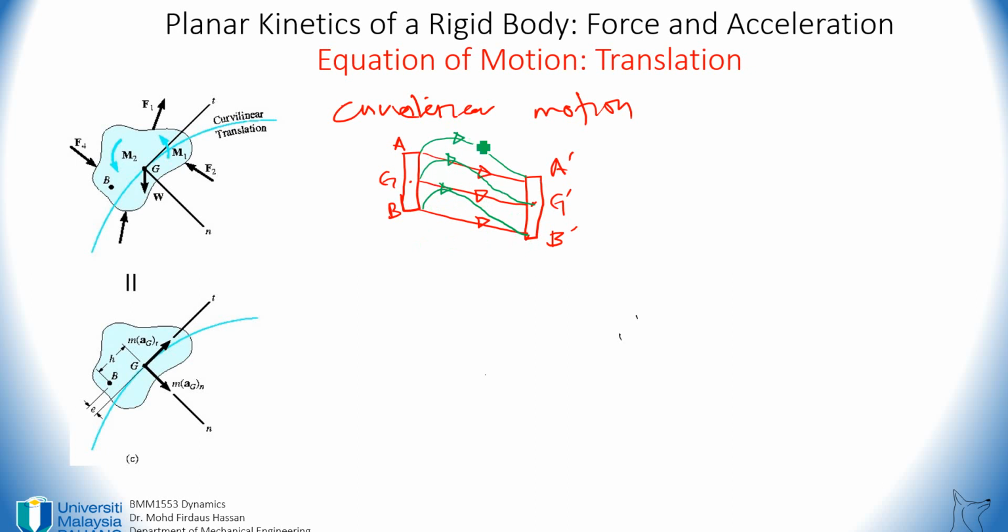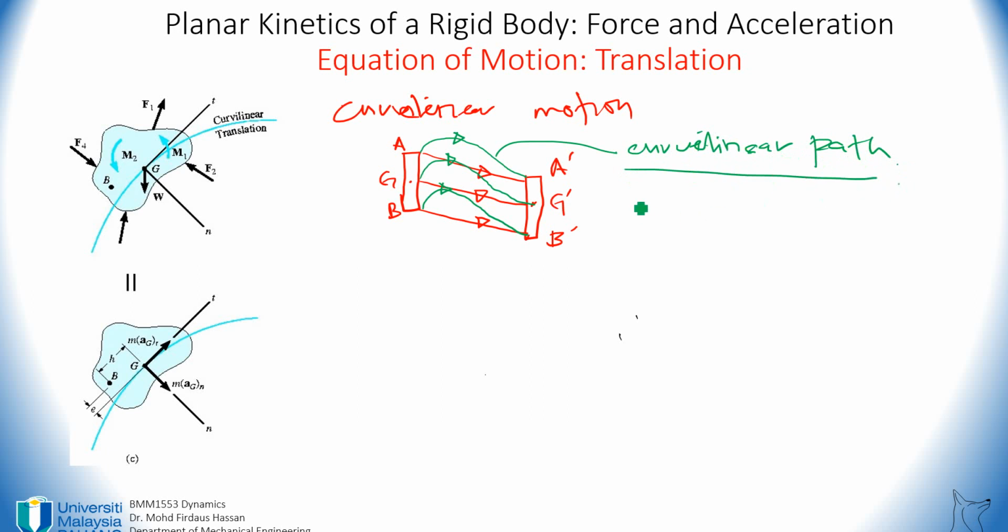It has the same path, but it experiences curvilinear motion. You cannot say that this one rotates. It doesn't rotate, but it moves on the same path. The green path is a curvilinear path.